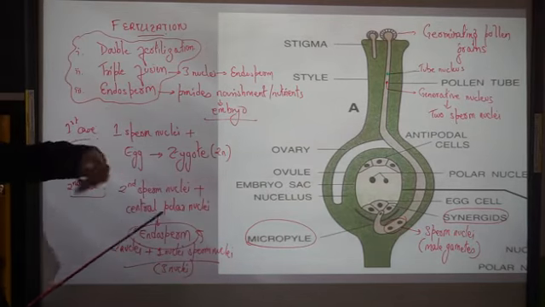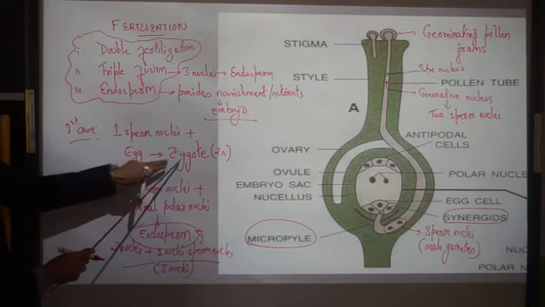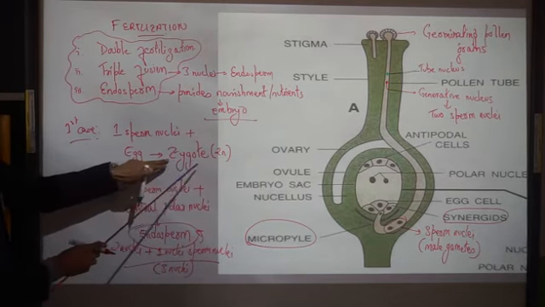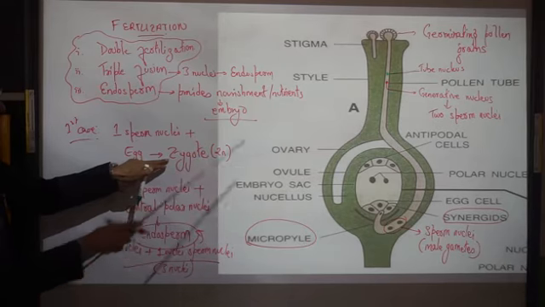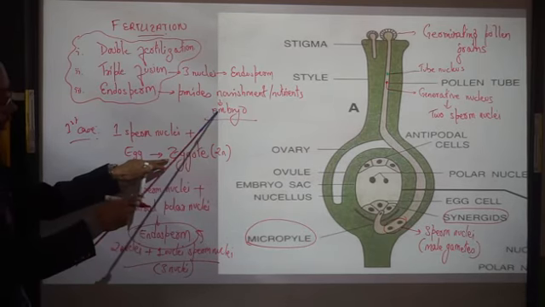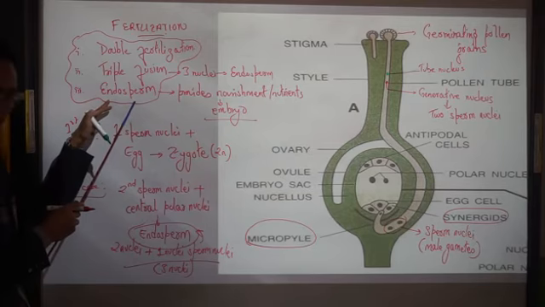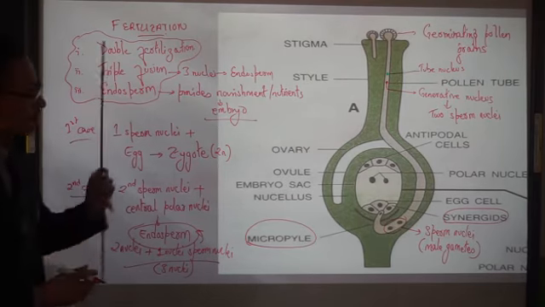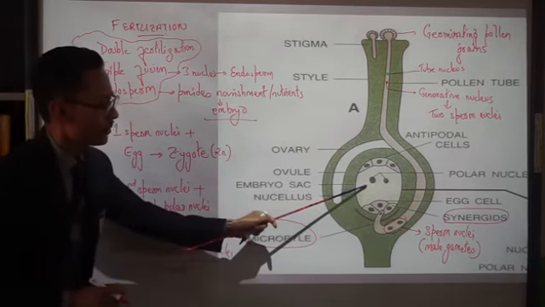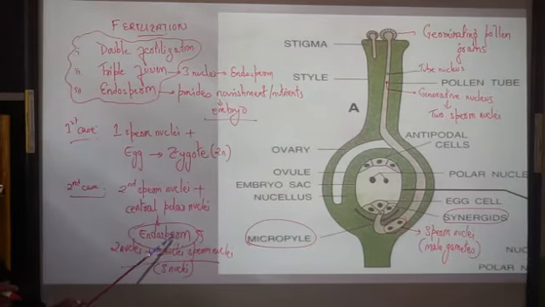Clear? So after fertilization, there will be formation of zygote, and this zygote will develop into embryo. So embryo will get its nourishment from the endosperm. Clear? Okay.